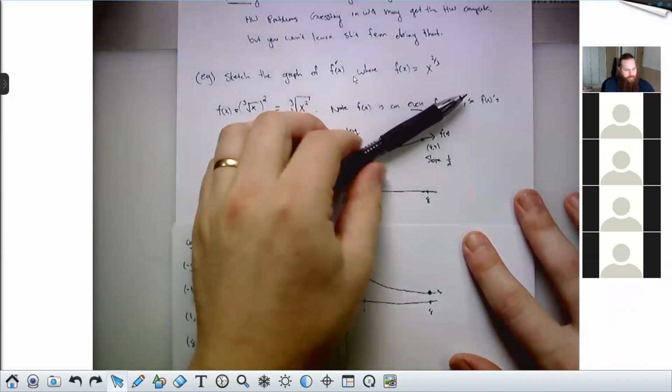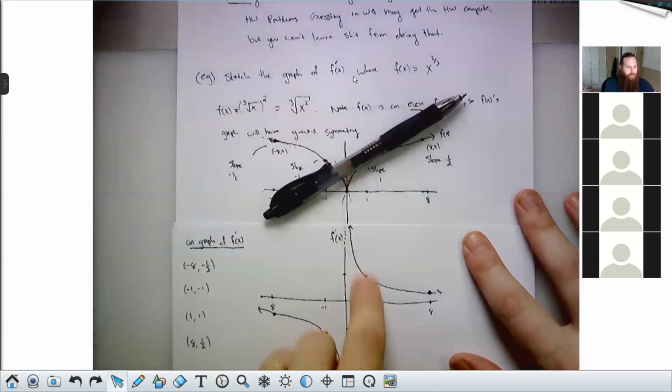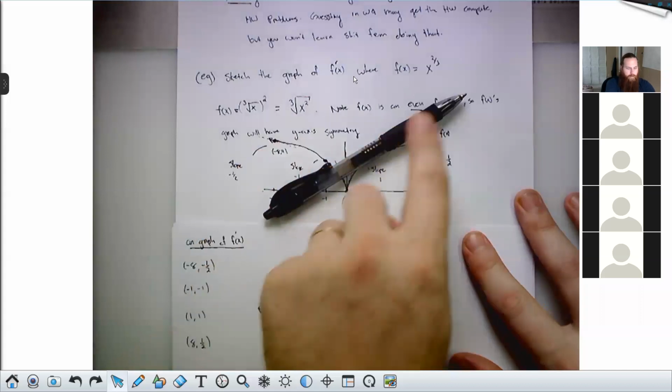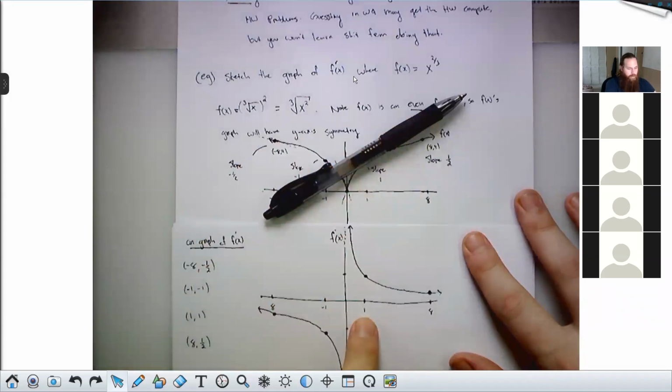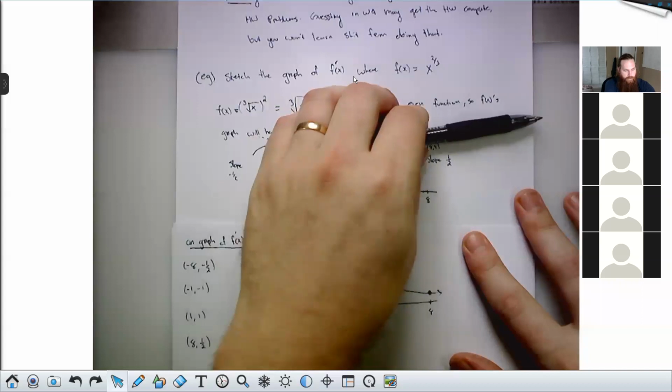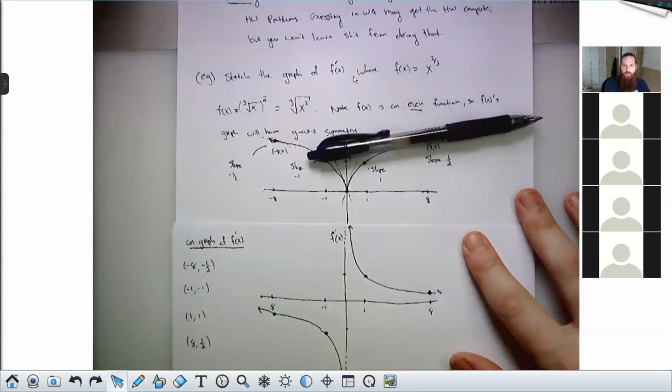And then when I look at x equals 1, this looks like a slope of about 1 to me. So when x is equal to 1, the slope on the original is about 1, so the point 1, 1 has got to be on f prime's graph. If I come further out, that slope's still positive, but much less large.